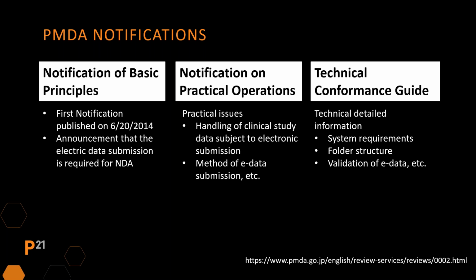Notification on practical operations talks about practical issues, and technical conformance is about technical detailed information, such as system requirements and validation of e-data and so forth. This document is talking about 3 levels of importance of the validation rules, which corresponds to the severity in the validation rules. So please use the link on the bottom to download those documents.